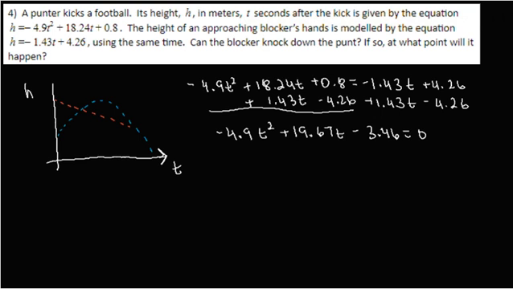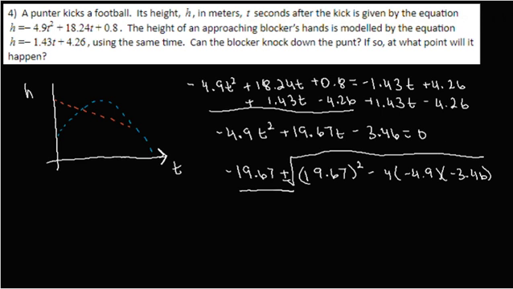Now we've got negative b, so negative 19.67 plus or minus the square root of b squared, 19.67 squared, minus 4 times negative 4.9, which is 19.6, times negative 3.46, and that is all divided by 2a, which is negative 9.8.